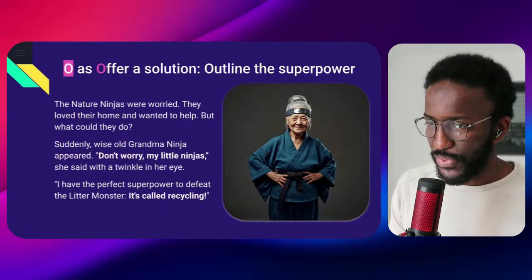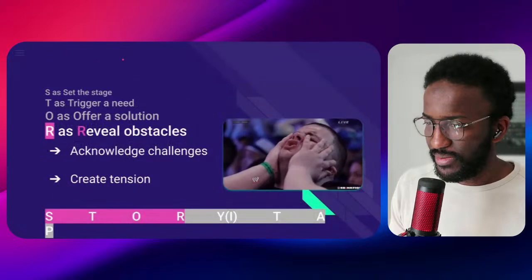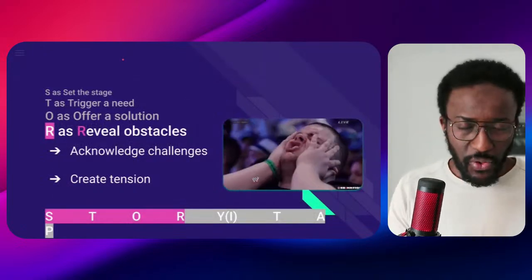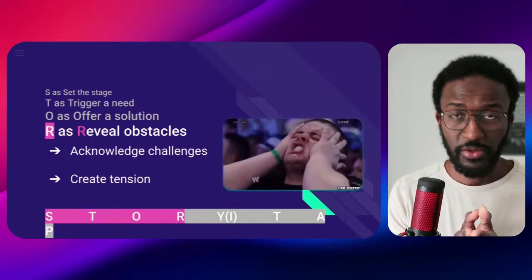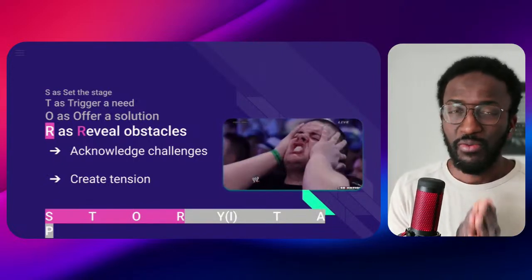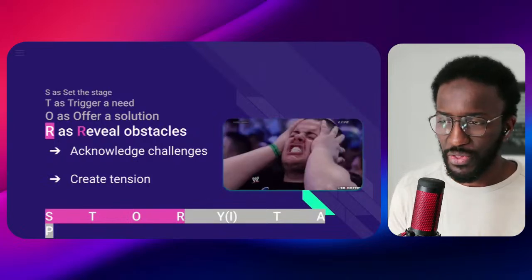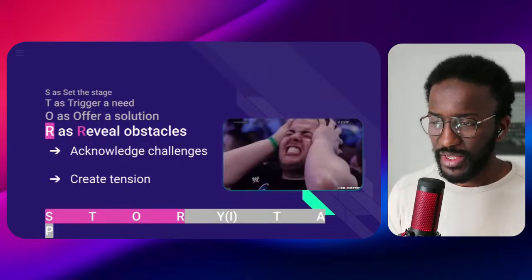Okay, what is the next step in this journey? There is no story without obstacles, because there is no story without conflict. So this is where R, as in reveal obstacles, comes in. This is where you acknowledge challenges.